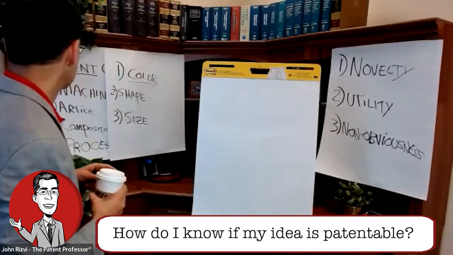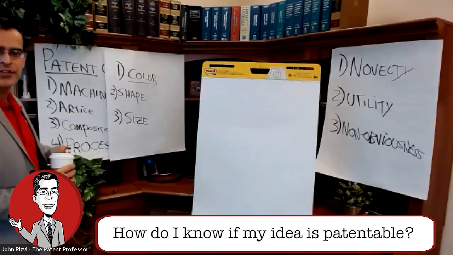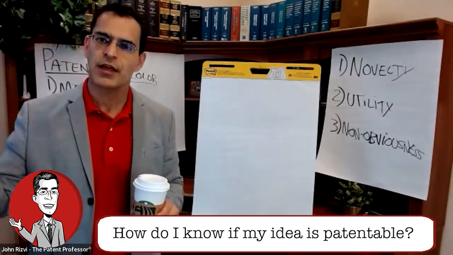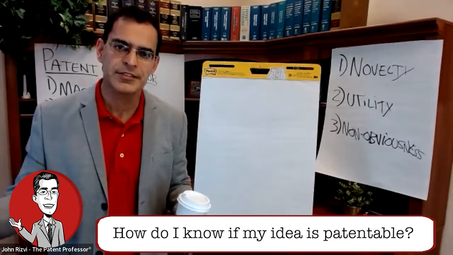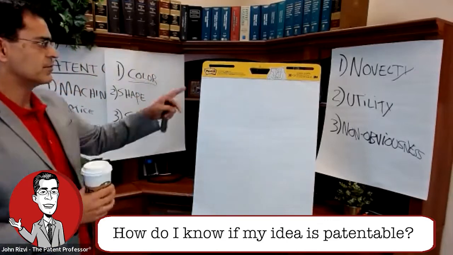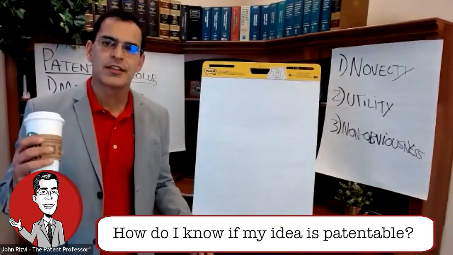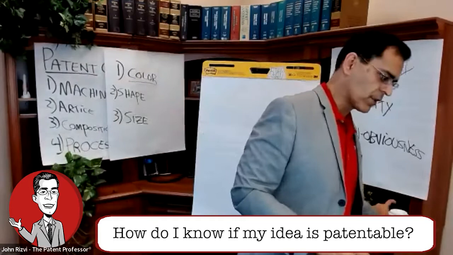If you remember the requirements we have up here, machine, article, composition of matter, and process, nowhere in that list does it say flux capacitor or rocket science. And for the other requirements of novelty, utility, and non-obviousness, there's no requirement for complexity. Sometimes simple ideas are protectable.